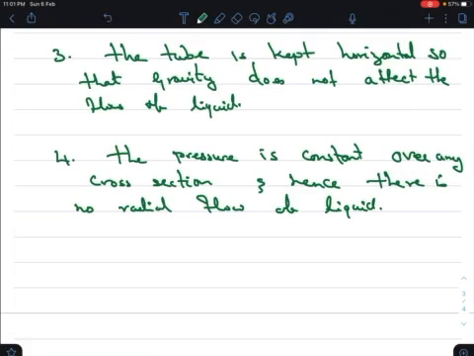So with these approximations, we are going to derive the expression for rate of flow of liquid through a capillary tube.